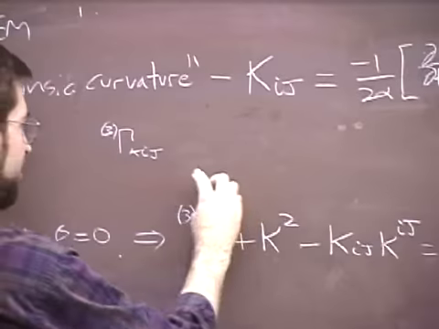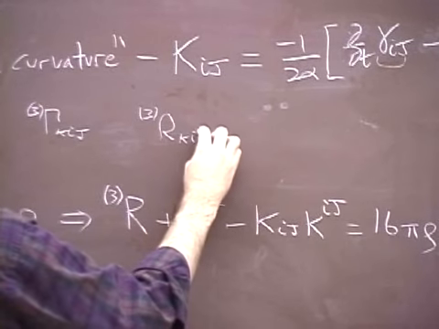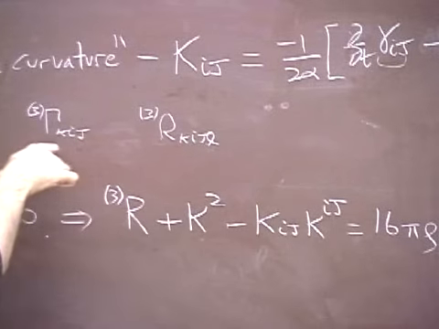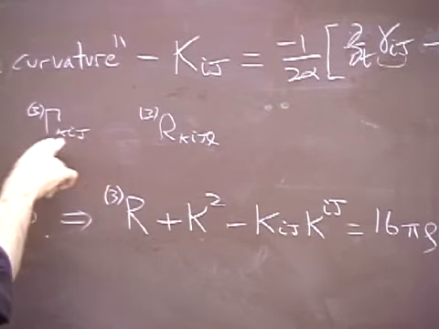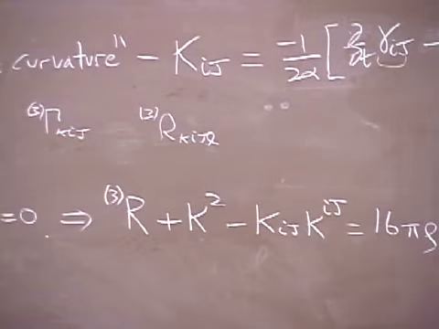And then you can define a 3-dimensional Riemann tensor in terms of derivatives of this and terms that have 2 of these multiplied and contracted.